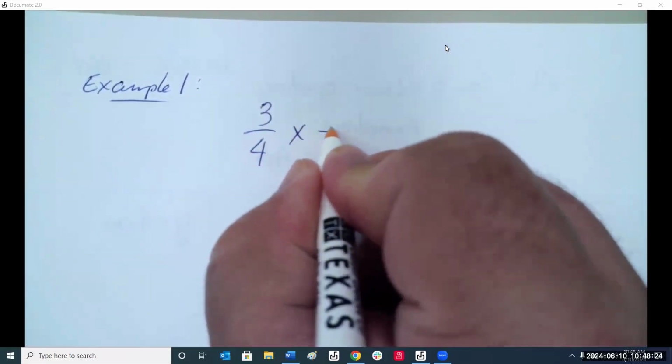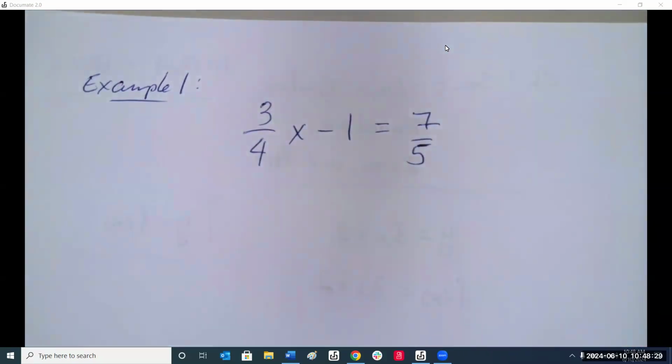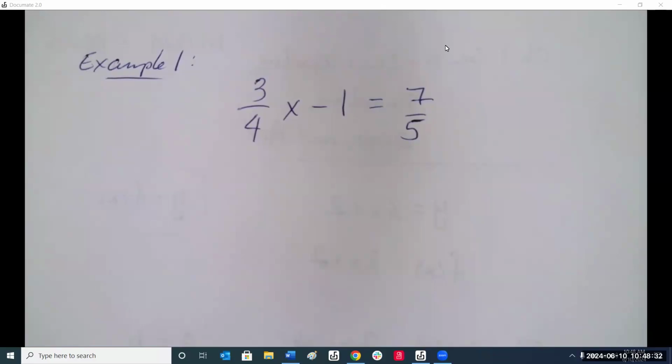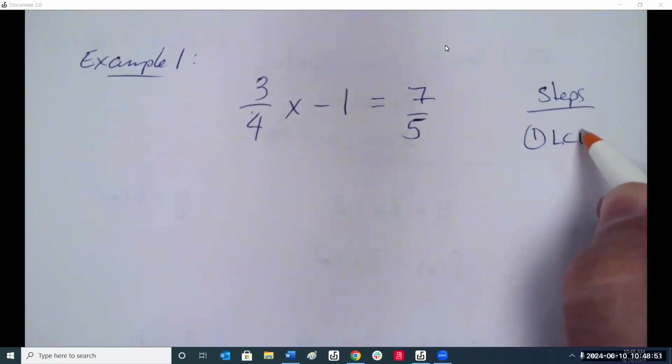All right, example 1. Three-fourths x minus 1 is equal to 7/5. We just did a question like this. Remember what I said? Whenever you have fractions and an equal sign, what are my procedures? First off, find the LCD.